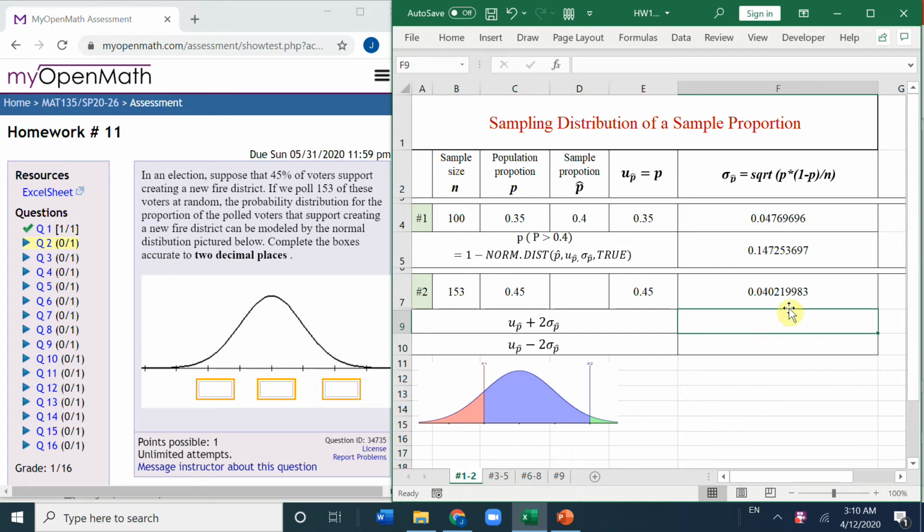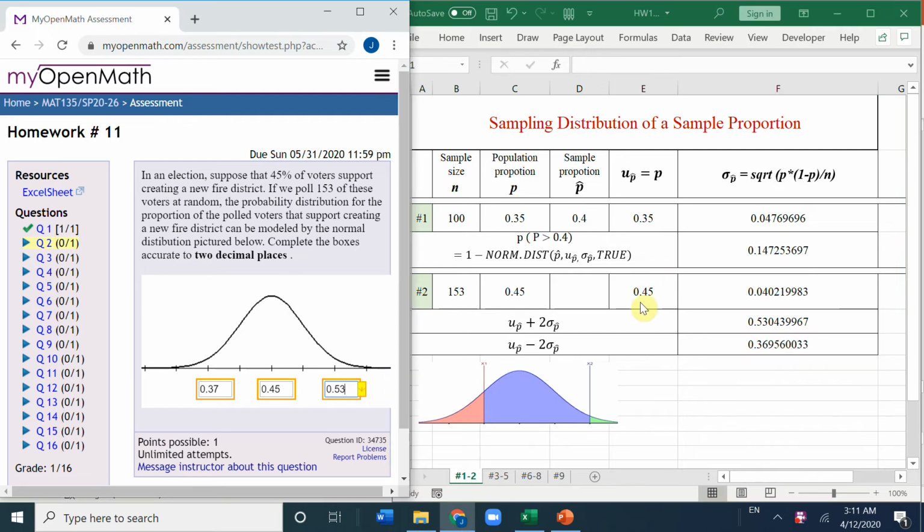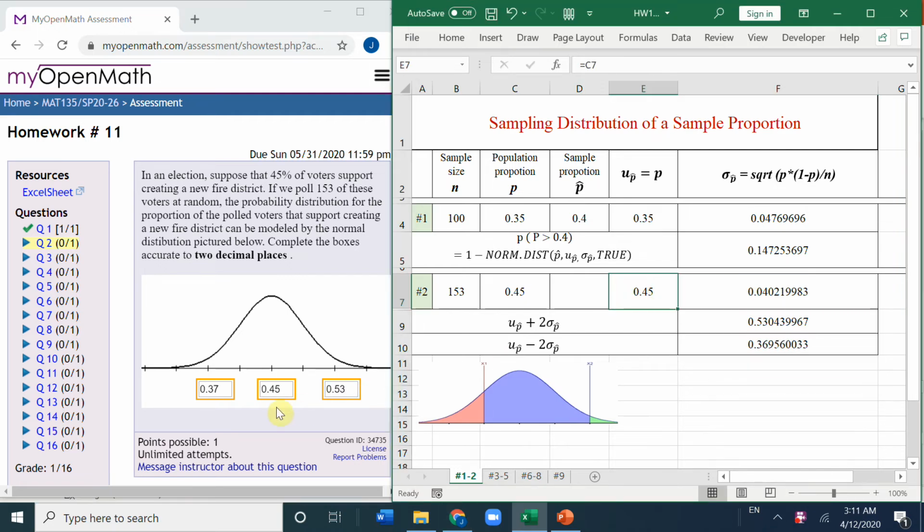So now let's do the mean plus 2 standard deviations: mean plus 2 times sigma. And the lower bound is mean minus 2 times sigma. So we input: this is mu, this is the upper bound, and this is the lower bound.